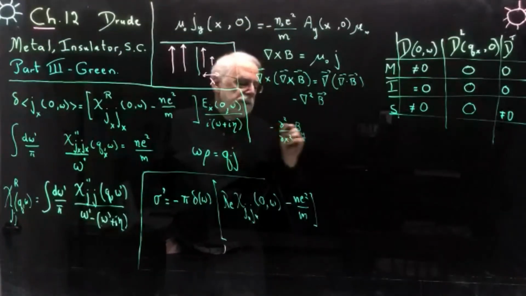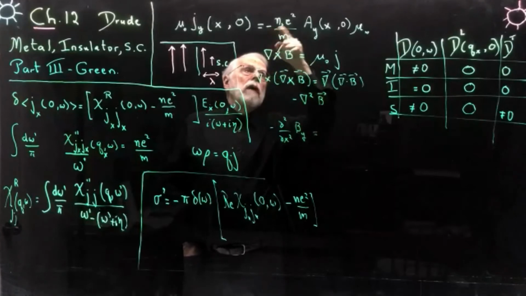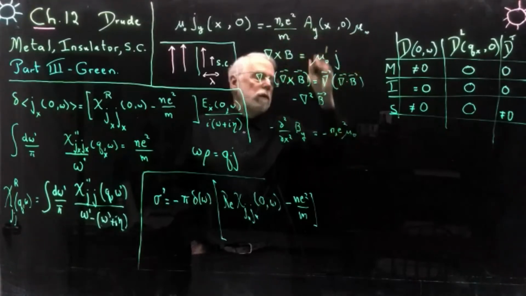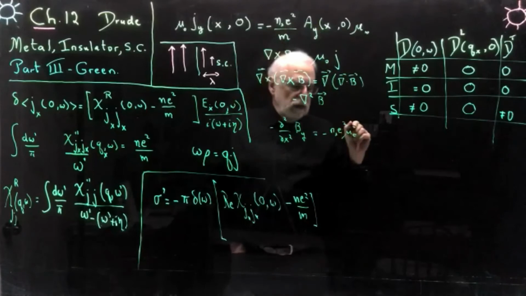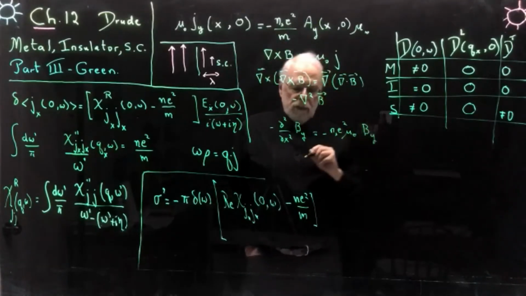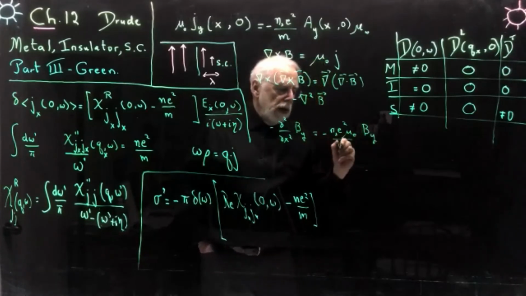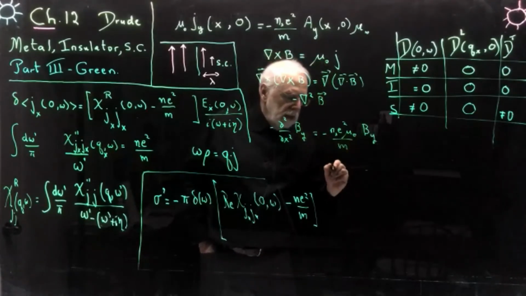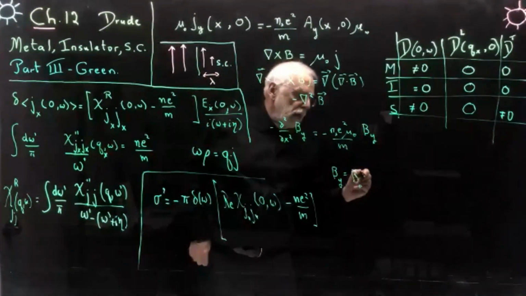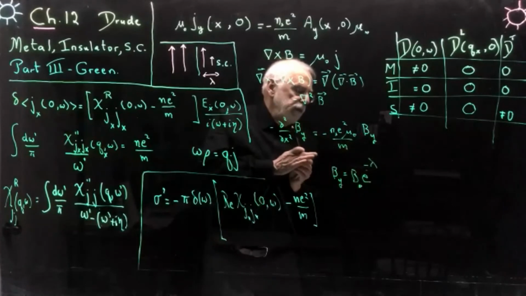So B_y is equal to minus n_s e squared mu 0 over m, I multiply by mu 0 on both sides, and the curl of A is equal to the magnetic field, so B_y. So the solution of this is that B_y is equal to B_0 at the boundary times e to the minus x over lambda.